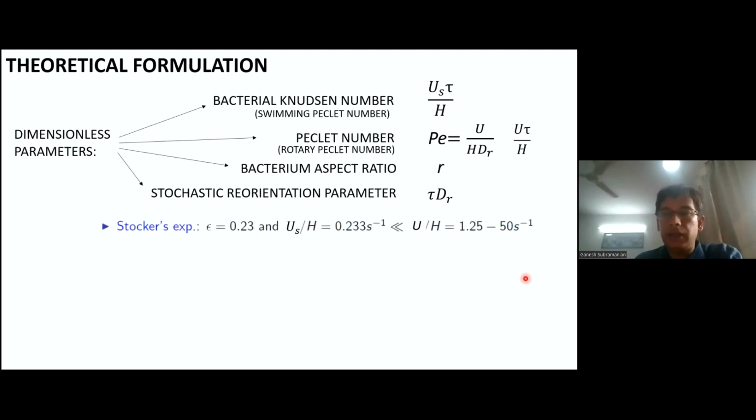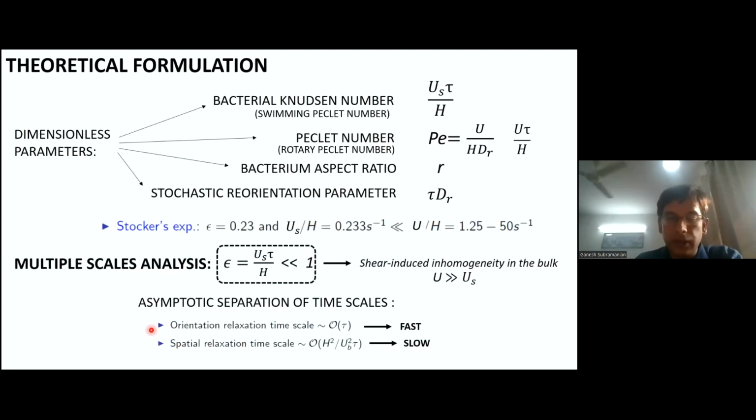So now it turns out we don't need to deal with all four parameters because in the experiments, the Knudsen number was fairly small. Epsilon was 0.23, and actually it looks worse than it is. The assumption gets better at higher shear rates. But if you make the assumption that the bacterial Knudsen number is very small, then you can separate timescales and say that the orientation relaxes on a very fast time scale.